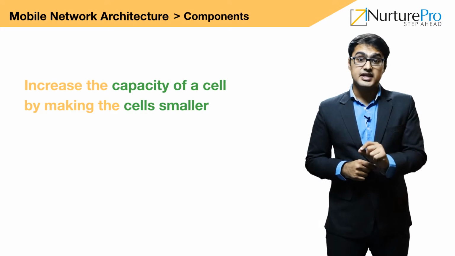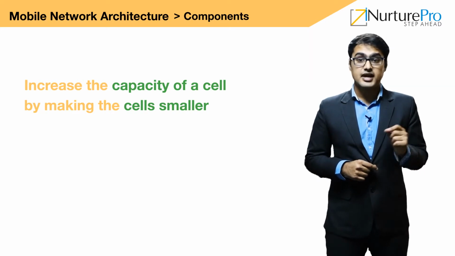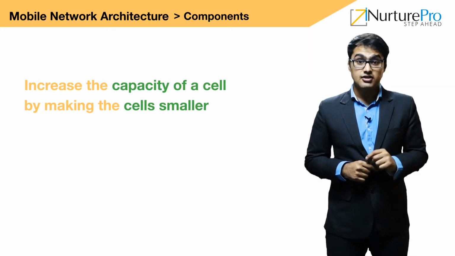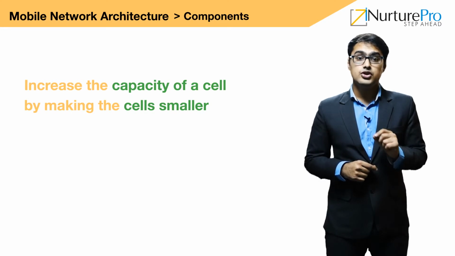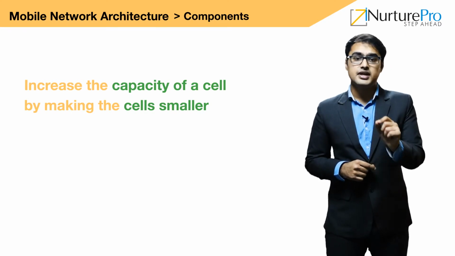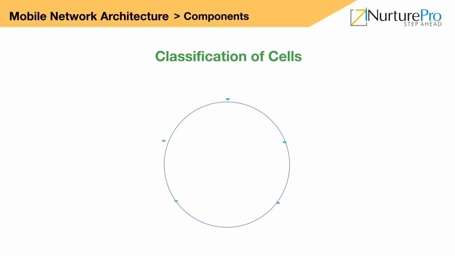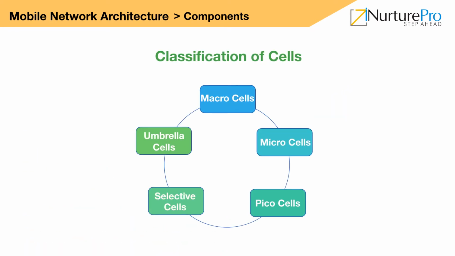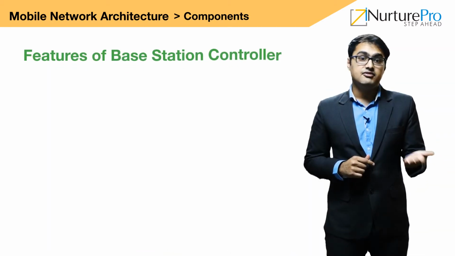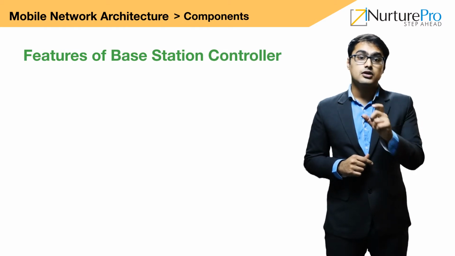However, a larger number of base stations is required, which maximizes the operator's cost. Therefore, in those areas with more users, small and low power base stations are set up. On the basis of size and function, cells are classified into macro cells, micro cells, pico cells, selective cells and umbrella cells.